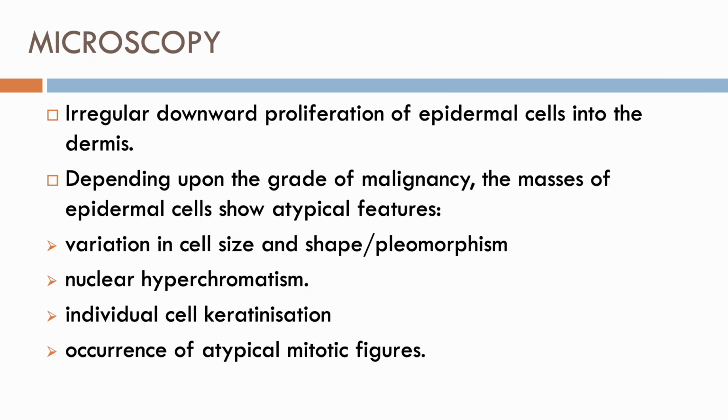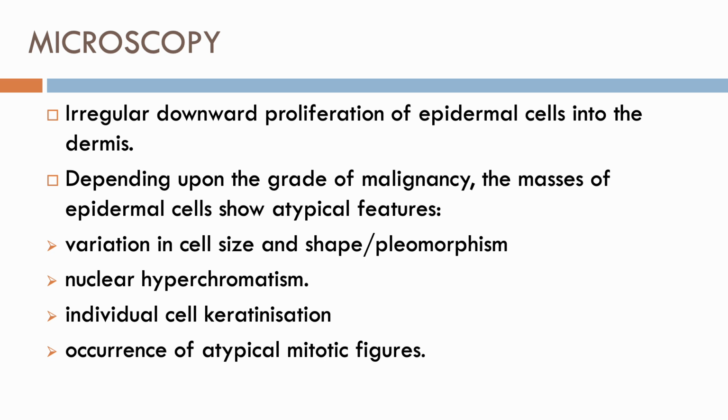Coming to the microscopic appearance, there will be irregular downward proliferation of epidermal cells into the dermis. Depending upon the grade of malignancy, the masses of epidermal cells show atypical features. As you already know, there are certain atypical features the cells show in case of malignancy.